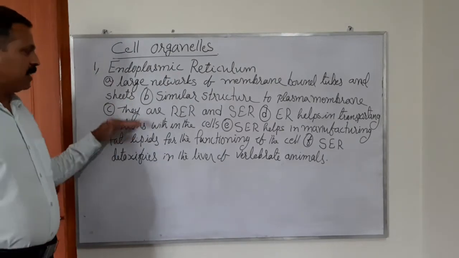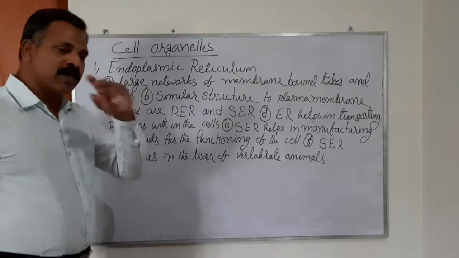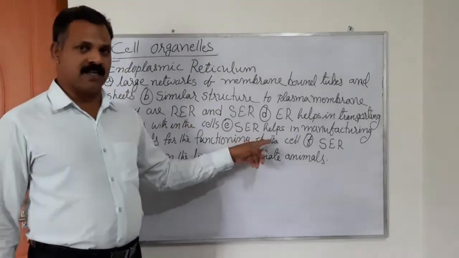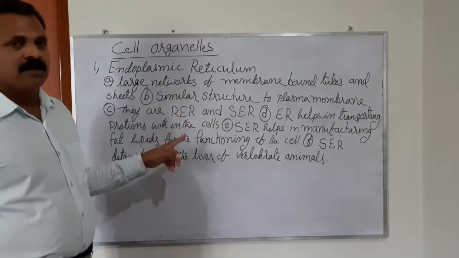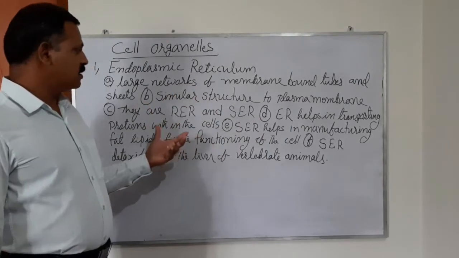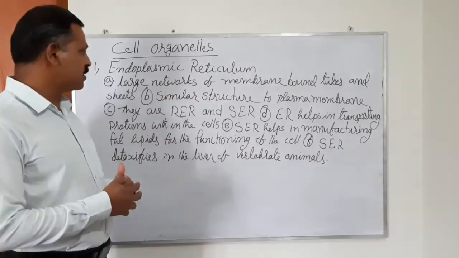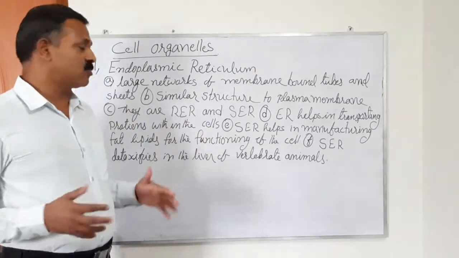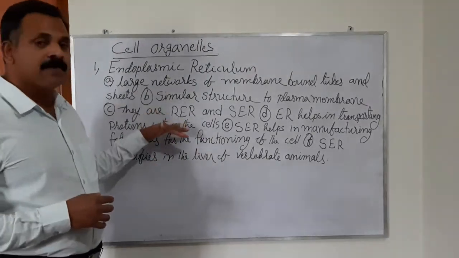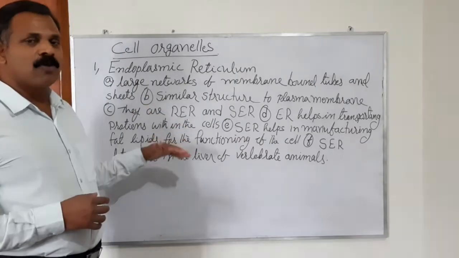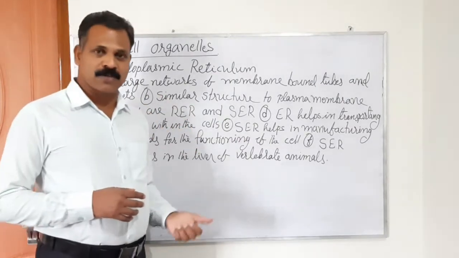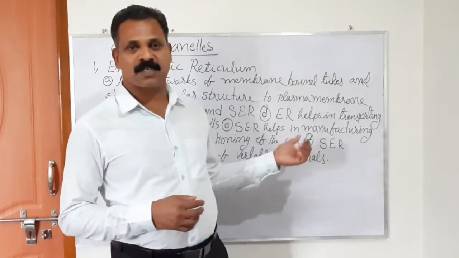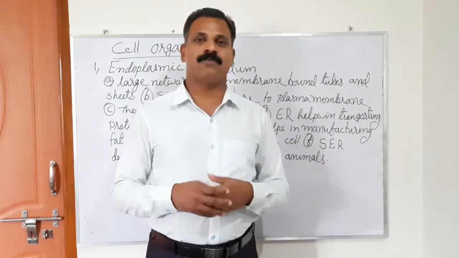When we speak about ER, it is of two types, that is RER and SER. What is RER? In this type of ER, the outer surface is covered with ribosomes. That gives a rough nature to the ER, which is very responsible for manufacturing some particular proteins, and this protein is transported by the endoplasmic reticulum to the various areas of the cell.